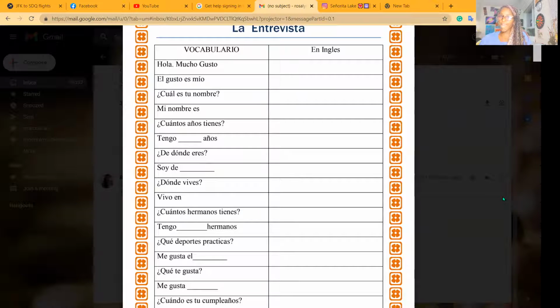So we have, the first one is, hola, mucho gusto. Esta es una frase que se usa bastante. Hola, mucho gusto means hello, great to meet you. This is a great thing to say when you meet somebody that speaks Spanish for the first time.